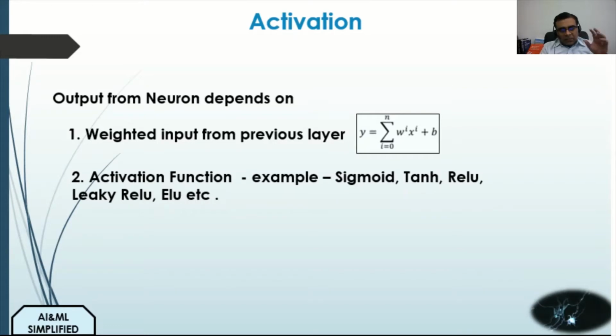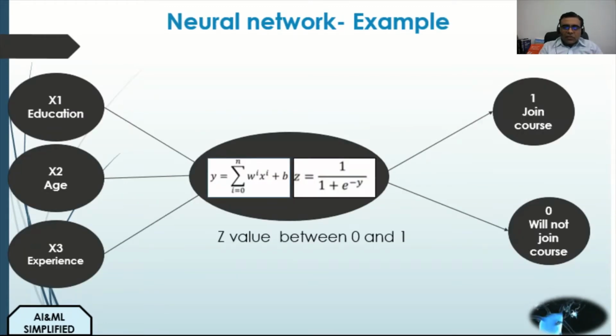In the example video which we saw earlier, a simple neural network having a bunch of input nodes and an output node. So let's recap that example where we had a coaching institute which is in the business of providing online courses, and the sales team wants to understand whether the prospect having specific attributes on education, age, experience is likely to join the course or not.